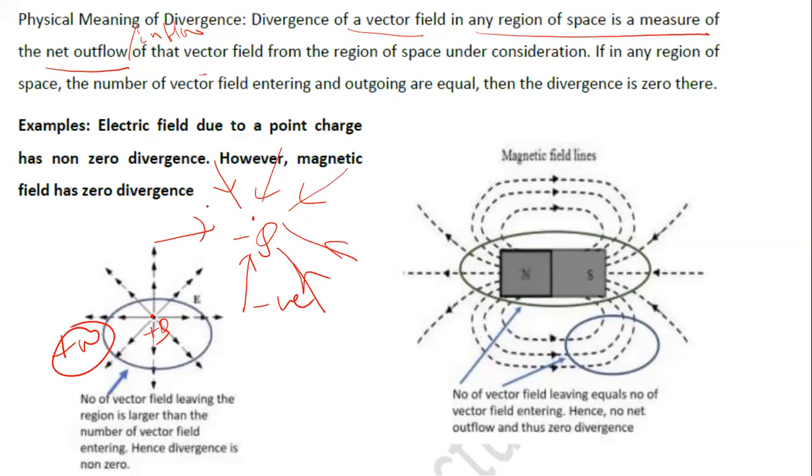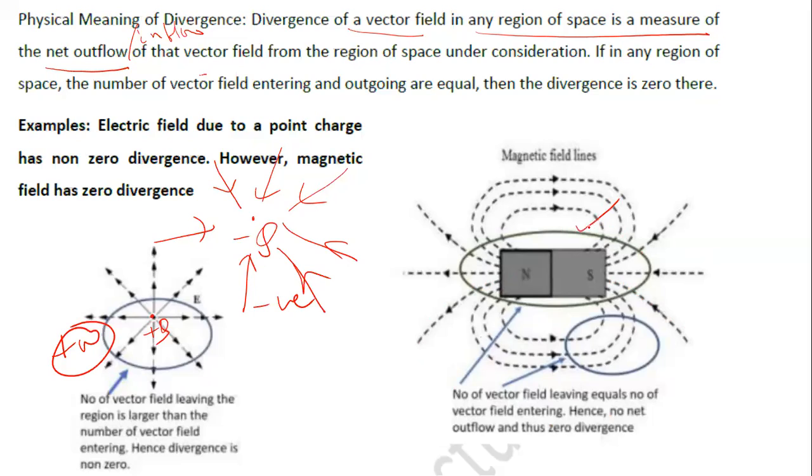All right. But if you consider a magnetic field, you know that magnetic poles always exist in pairs. The lines of force originate from the North Pole and terminate at the South Pole. So for every magnetic line of force originating from the North Pole, there will be a magnetic line of force terminating at the South Pole, right?